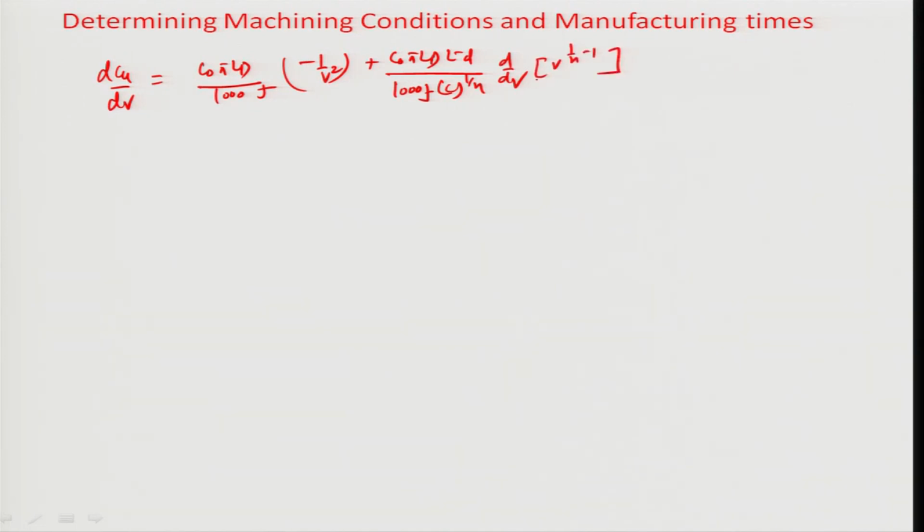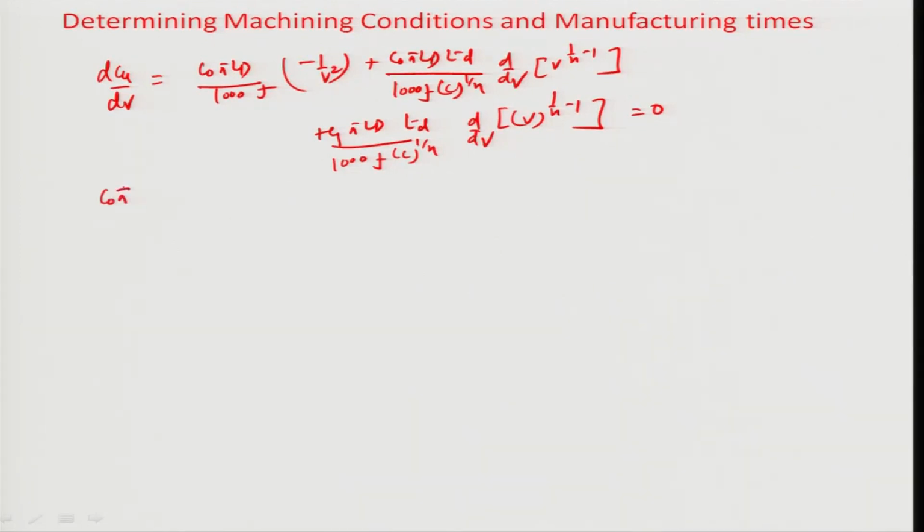The dCu by dV in this case can be written as C0 pi L d divided by 1000 f times minus 1 by V square, plus C0 pi L d Td divided by 1000 f C to the power of 1 by n times d by dV of V to the power of 1 by n minus 1, plus C1 pi L d by 1000 f C to the power of 1 by n times d by dV of V to the power of 1 by n minus 1, and that becomes equal to 0.